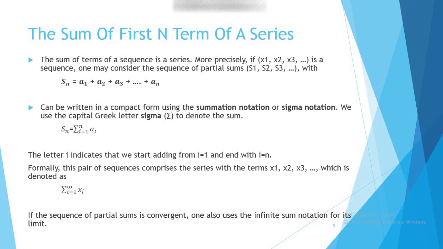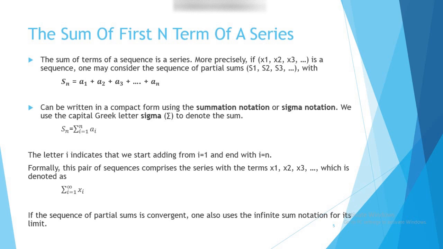The sum of the first n terms of a series. The sum of the terms of a sequence is a series. More precisely, if x1, x2, x3 is a sequence, one may consider the sequence of partial sums s1, s2, s3, with Sn equals a1 plus a2 plus a3 plus up to an.